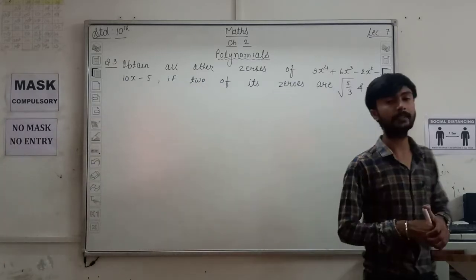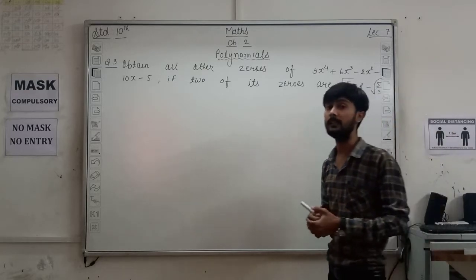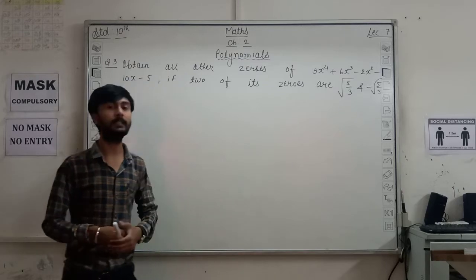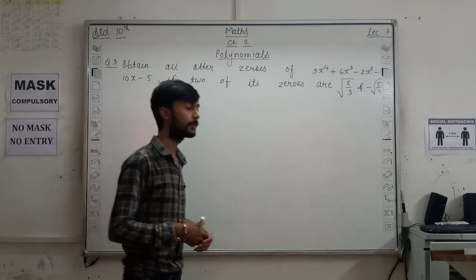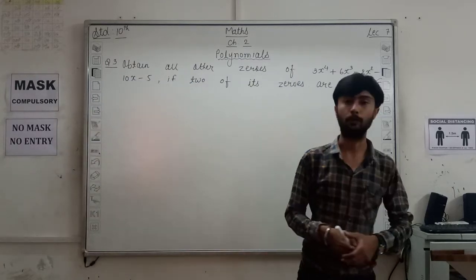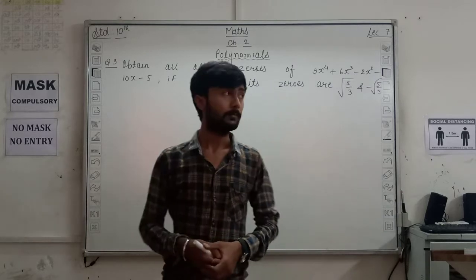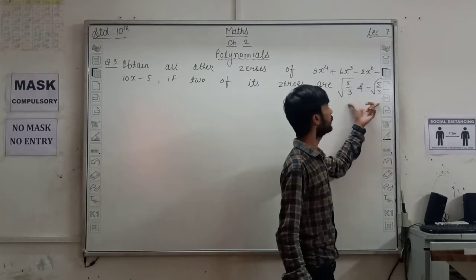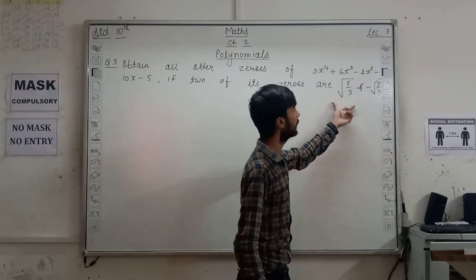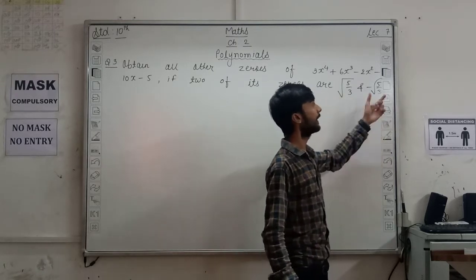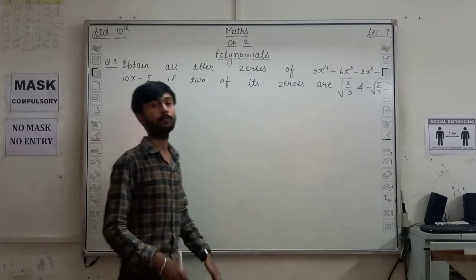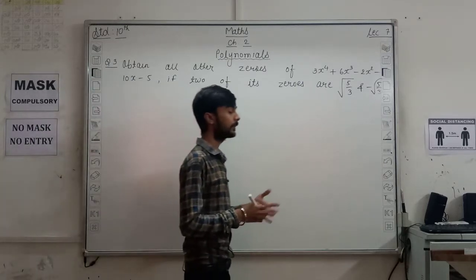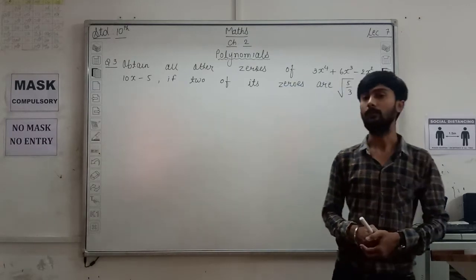That means it has 4 zeros, right? The highest power is 4. So among them 2 zeros are given. First one is root 5 by 3 and second one is minus square root of 5 by 3. So we have to find another 2 zeros.